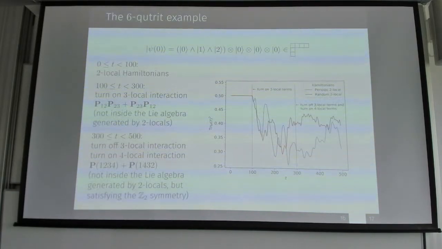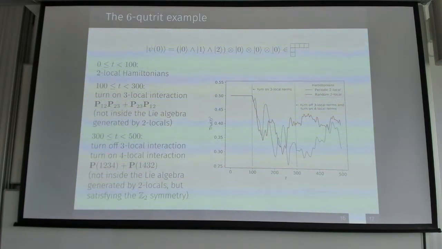In this case, we consider a state restricted to the fermionic sector. All the fermionic sectors have Young diagrams that look like an L shape. So we calculate this quantity, and if the Hamiltonian is 2-local, it's conserved. If it's 3-local and not in the Lie algebra generated by 2-locals, it's no longer conserved.